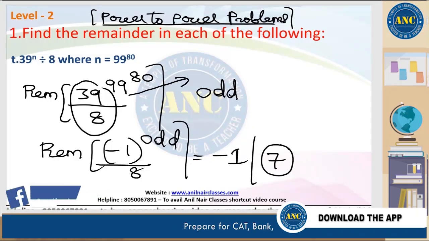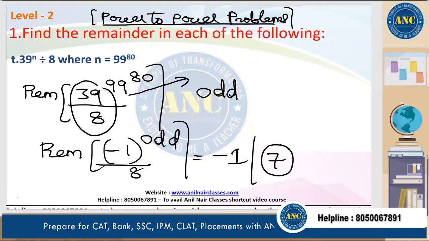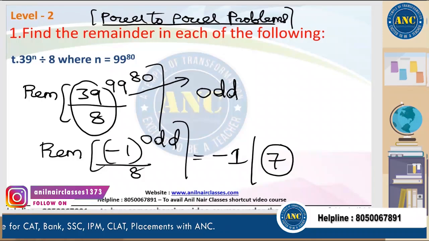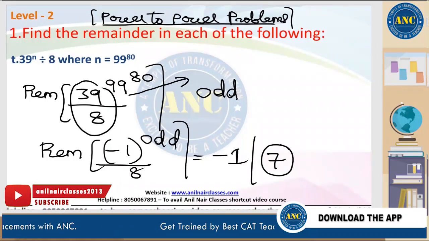8 5s are 40. 40 is minus 1. Minus 1 power odd is minus 1. Negative remainder minus 1. Positive remainder will be 7.